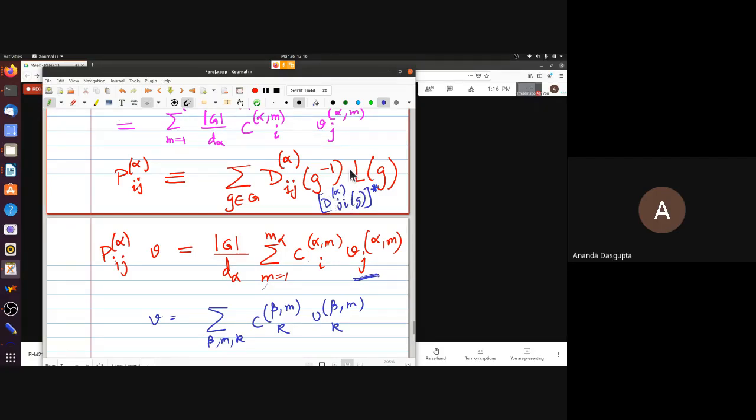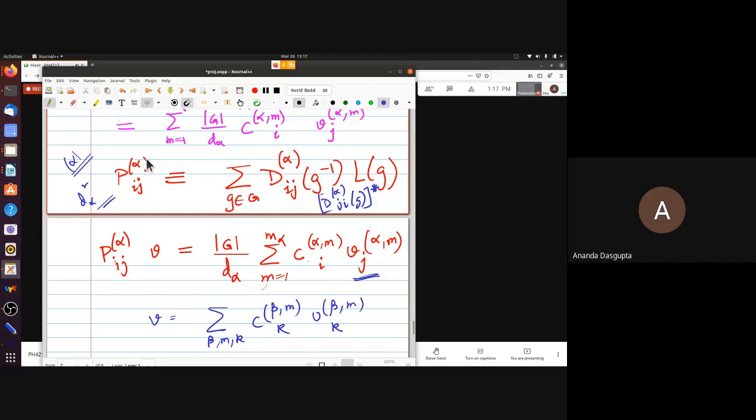Number two, how many projection operators do I have for a given irrep? For the irrep alpha, how many do I have? How many values can I take? D alpha times D alpha. Yeah, we have D alpha squared projection operators, right?